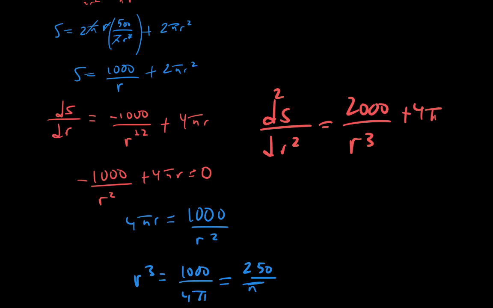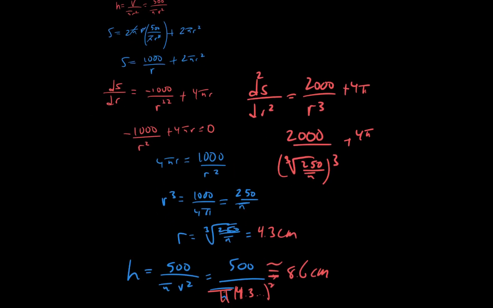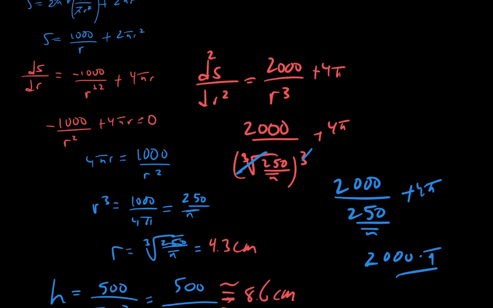And we're plugging in the value that we got for r, 2000 divided by the cube root of 250 over pi, cubed, plus 4 pi. These cancel. That's 2000 divided by 250 over pi plus 4 pi. And that's 2000 times pi over 250 plus 4 pi.